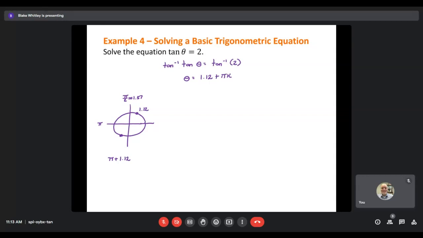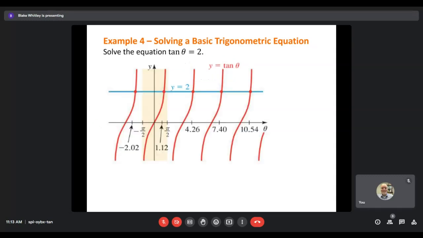And if I just keep adding pi, I'm going to keep hitting those two same values. So that's why we don't have to find the specific value in the third quadrant. Just adding pi k is going to take care of that one and all of our revolutions also. And again, the reason we're allowed to do that is because the period of tangent is pi, and so we only really need to find one solution and then just add pi k to that.